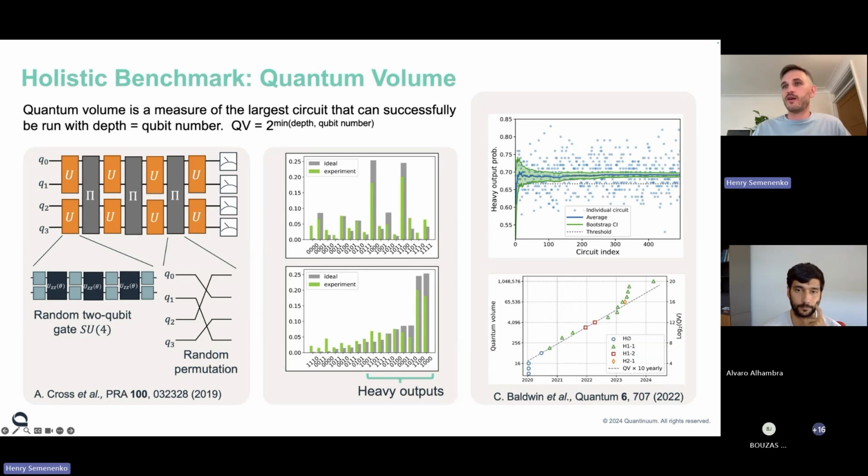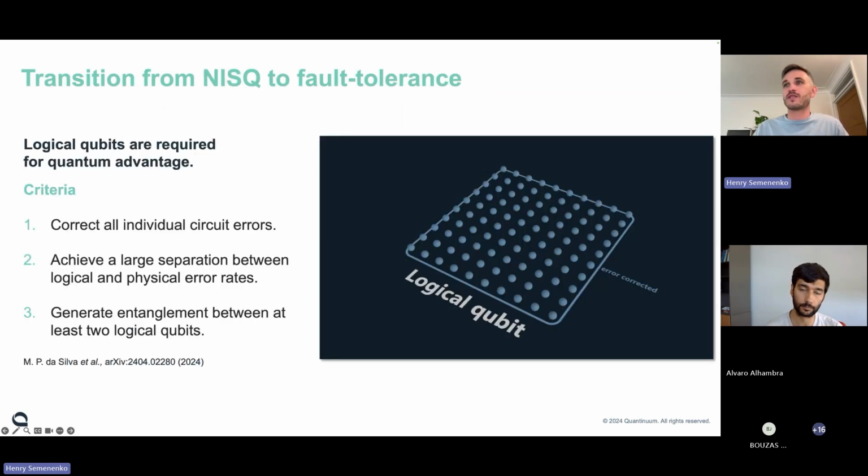And so at this point, we then need to start thinking about going beyond our physical qubits and towards logical qubits and error correction. This is really transitioning from this NISQ era through to fault tolerance in a way that we can start to protect our quantum information, detect errors, correct errors, and really drive larger systems and larger circuit depths.